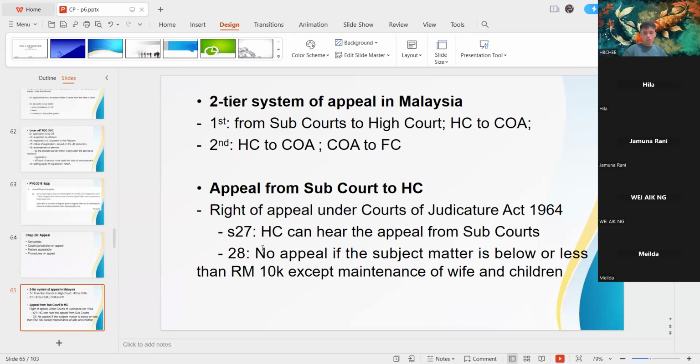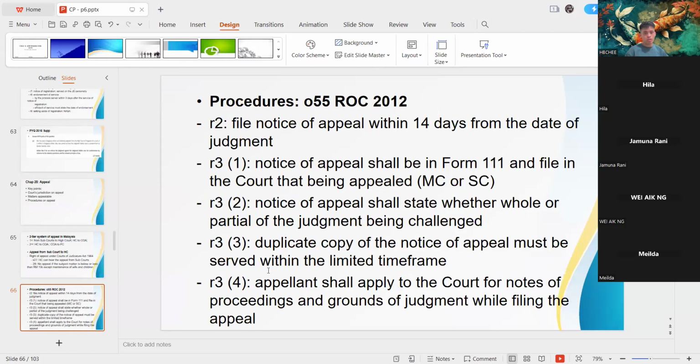However, under Section 28, no appeal if the matter is below 10,000 ringgit Malaysia, except maintenance of wife and children. So not every single matter is appealable. When you appeal to the High Court, the procedure is given under Order 55 of the Rules of Court.